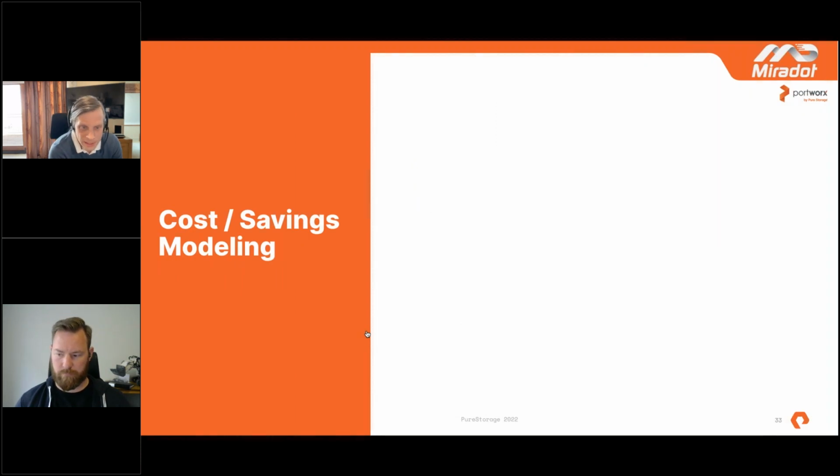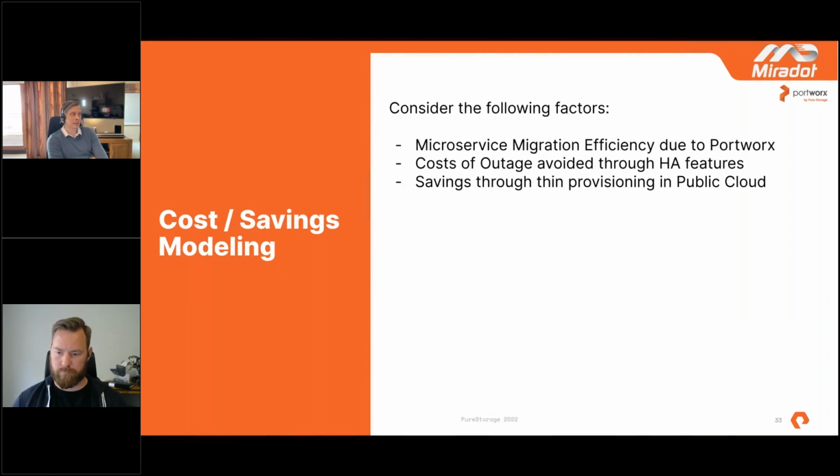Right, the next thing is factors for cost savings. So how do we model the benefits that you might get from using Portworx, from moving to containers and speeding up that move?